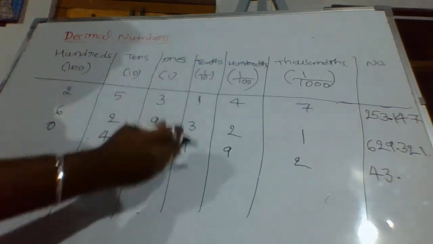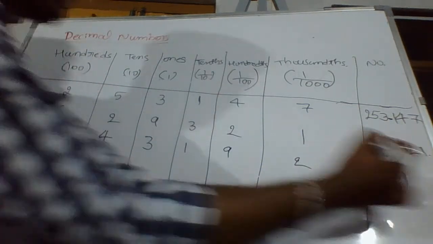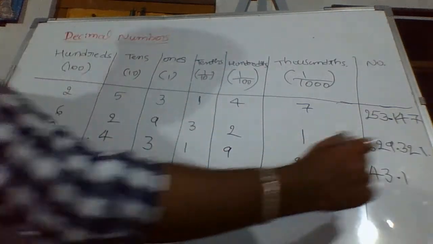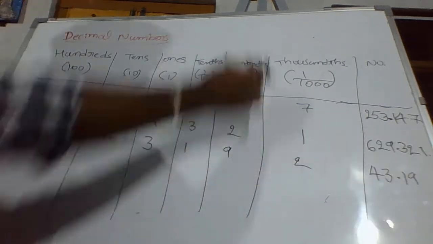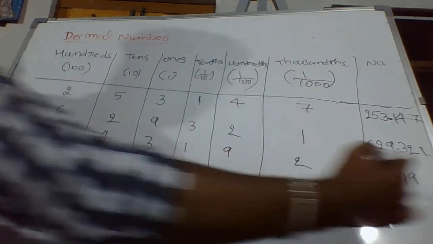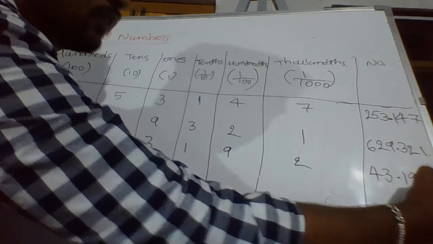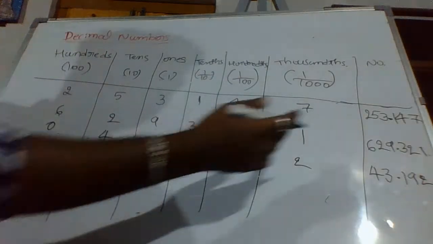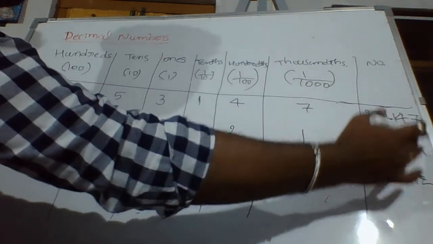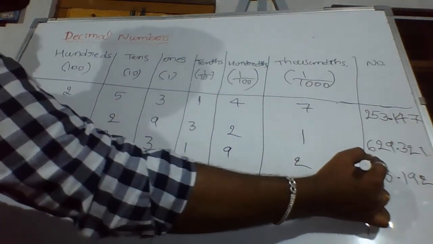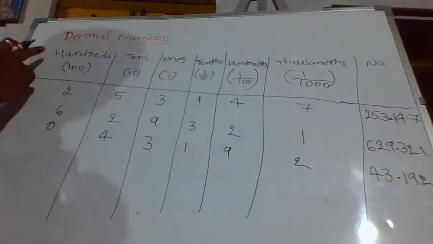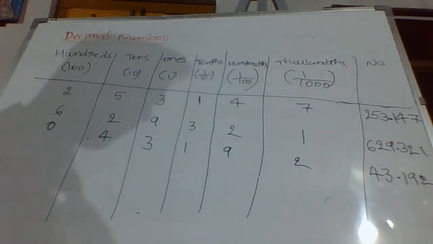So the first one is the tenths position, that is 1. Next one is the hundredths position, that is 9, and next one is the thousandths position, that is 2. Therefore what we will get here is 43.192, or you can write 0 before 43 also, because at the hundreds position 0 is there.